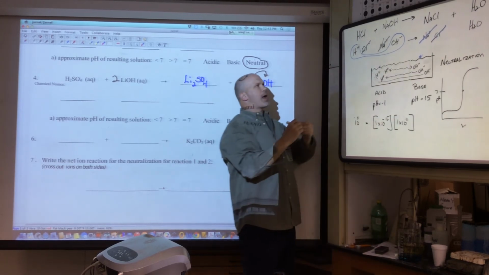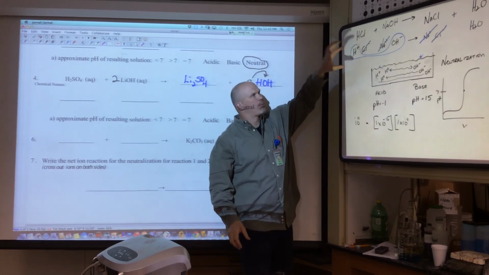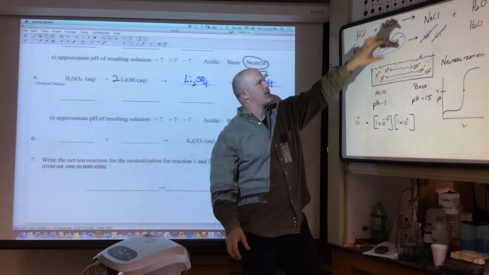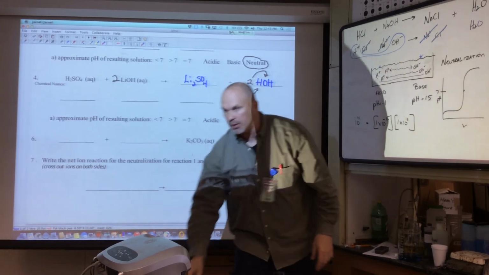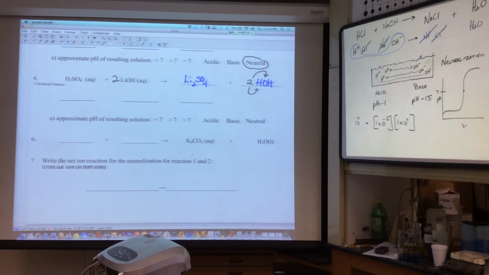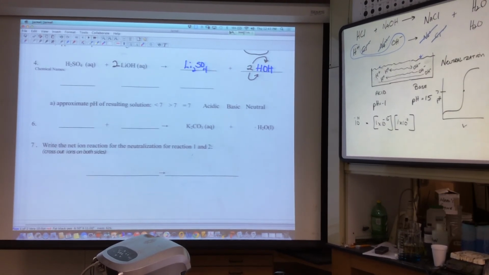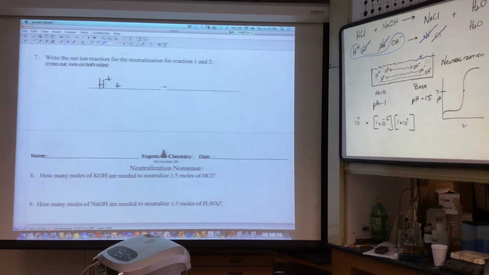So the overall reaction is H plus from the acid plus the hydroxide from the base makes water. That's what the net overall result is. When you say net, it's the overall. Okay? So for number 7, this is what I write. H plus plus hydroxide gives me water.